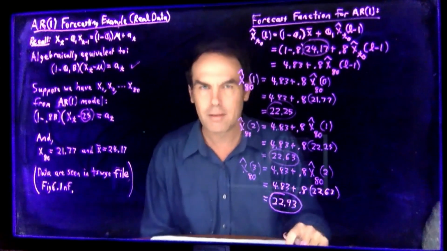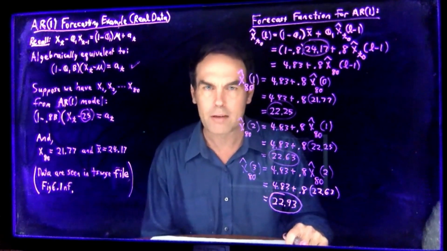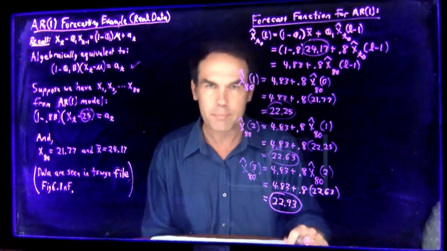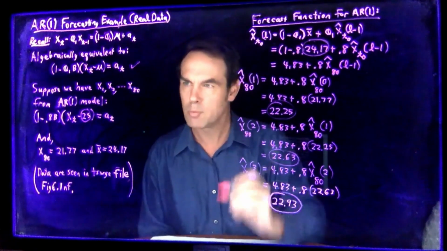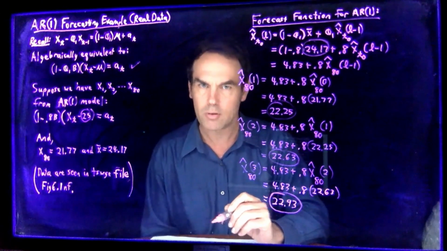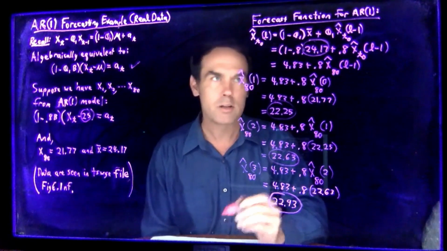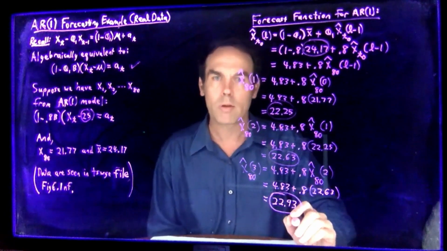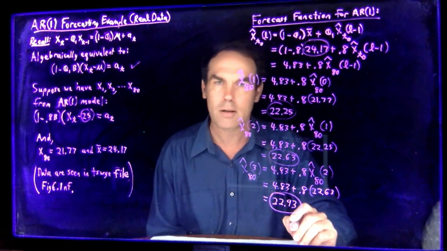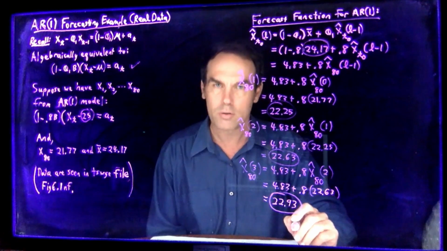Well, obviously in real applications we're not going to know the population mean, so in this example we thought it would be best to just use x bar, which comes from tswge, the sample mean of the data. So that's why we put in 24.17 instead of 25. So this is a neat example of showing how the forecasts are calculated for an AR1 when using real data.